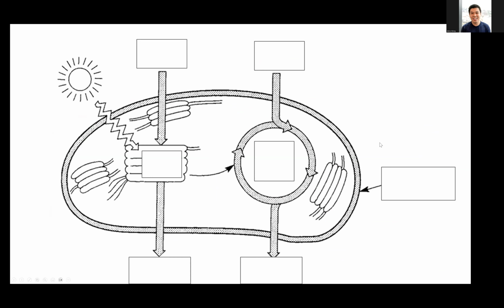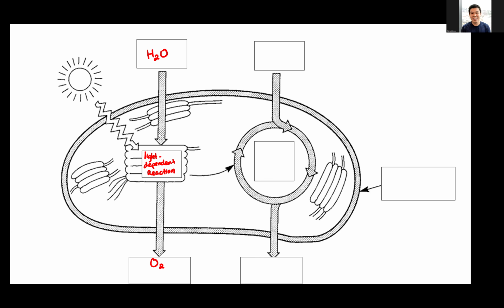In terms of location, how do we fit the light-dependent reaction and light-independent reaction into each location of the chloroplast? Let's review. Photosynthesis has two reactions. The first is the light-dependent reaction, and it converts H2O into oxygen gas.